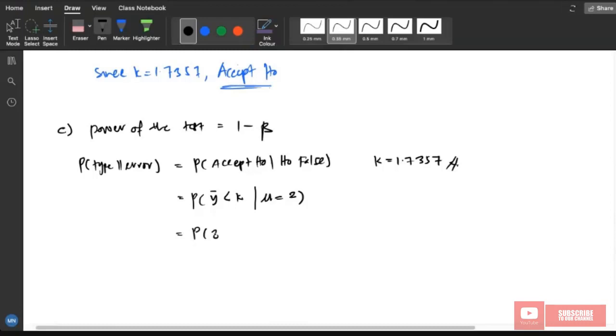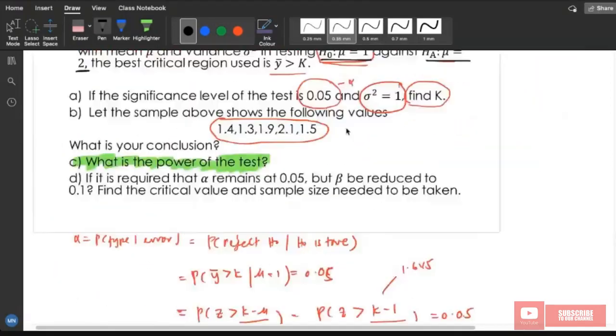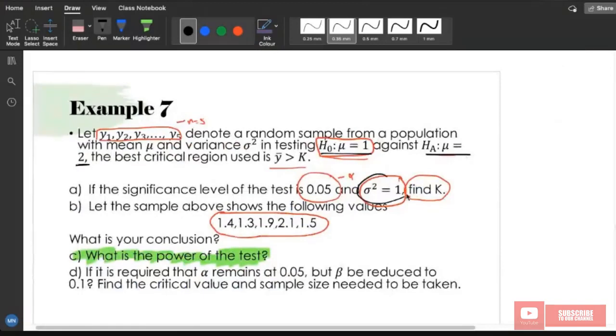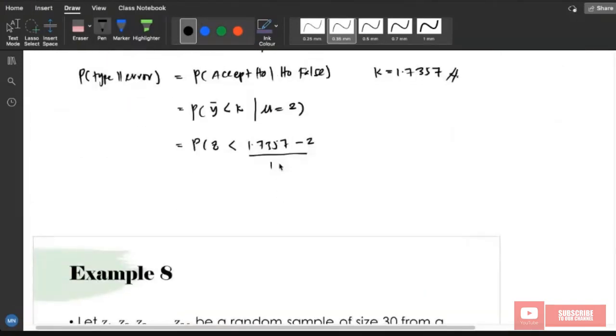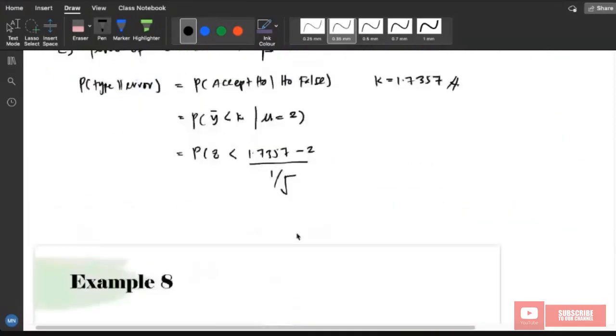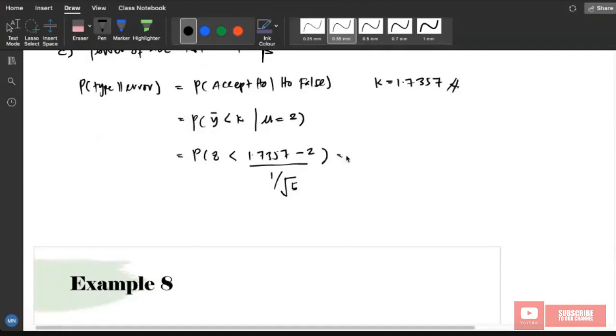Probability of Z less than 1.7357 minus 2, divided by sigma, where sigma is 1 over square root of n, and n is equal to 5. So this is the probability of Z less than negative 0.59. Looking into the table, we will get 0.2776.